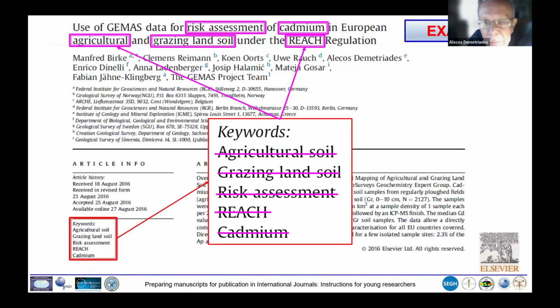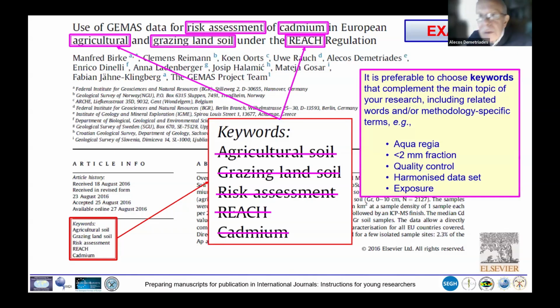Now here we have made a total mess. As you can see, we have used many keywords, actually all the keywords, that are already in the title. So this was completely wrong.